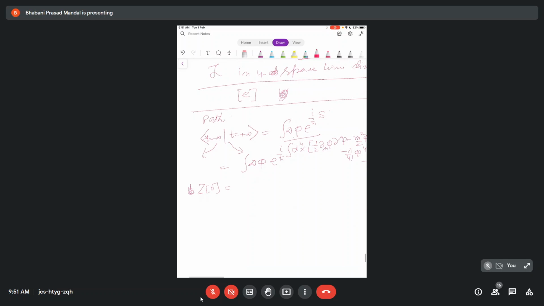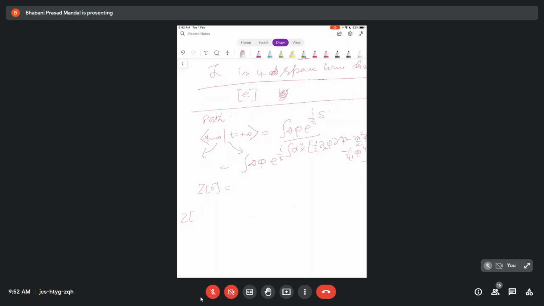Because you also know that there is a mathematical trick we use in path integral. Okay, not 0 here, I'll mention 0 later.